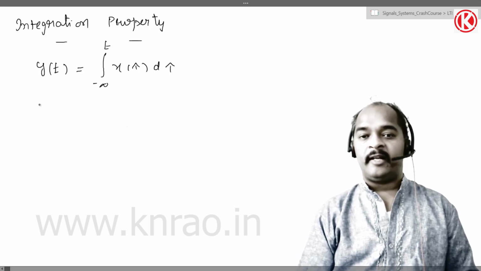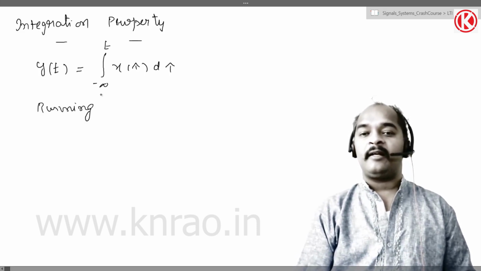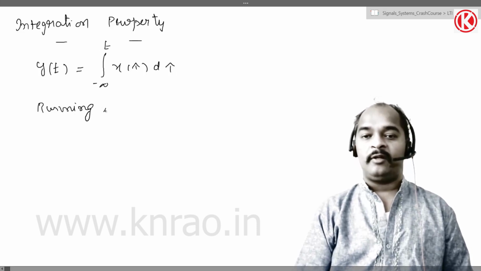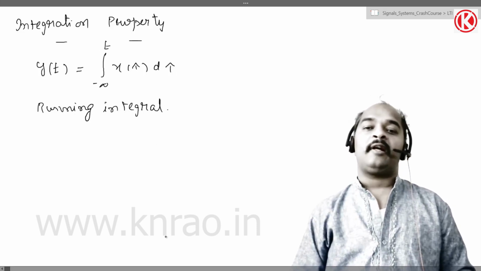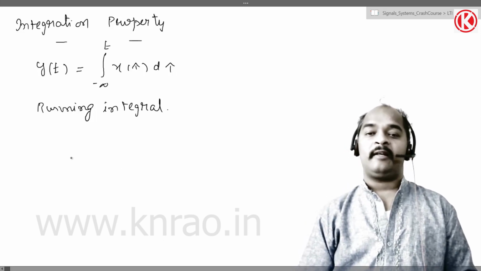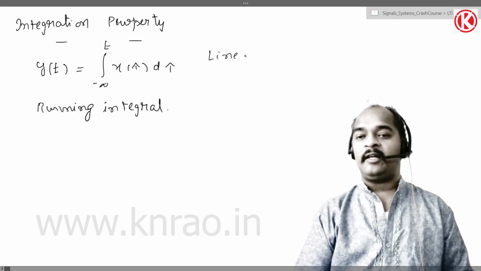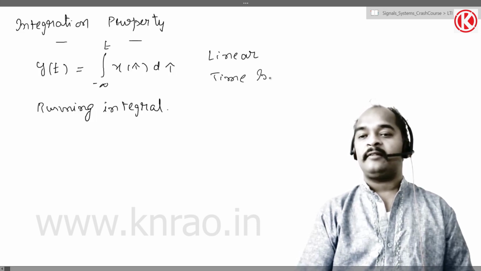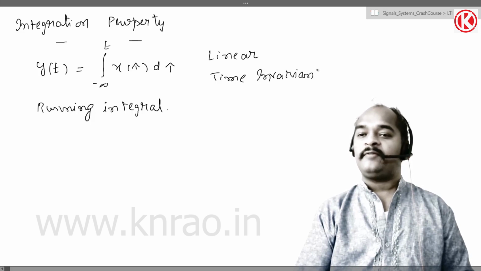So we call this a running integral. Keep in mind the integral limits, they are from minus infinity to t, and we call this a running integral. We can easily prove that this system is linear and time invariant, I mean shift invariant.